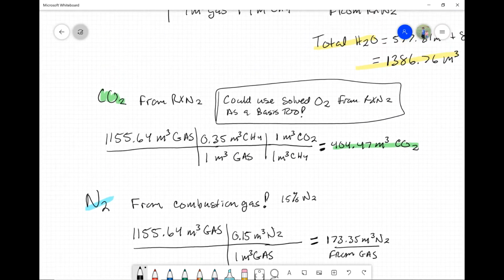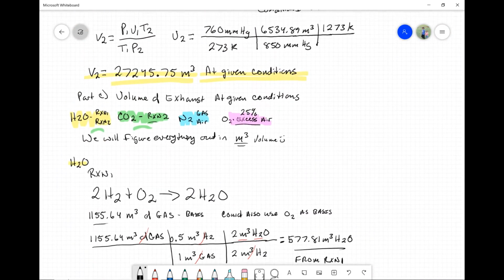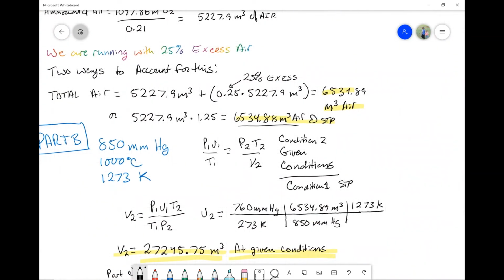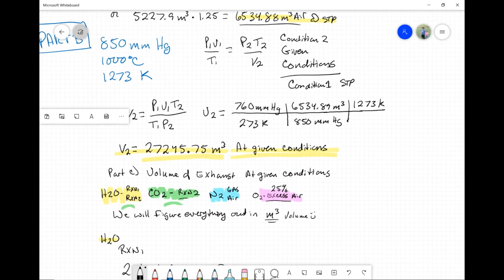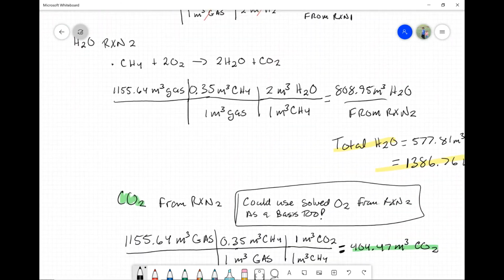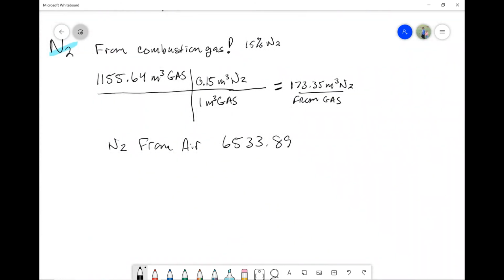Let me go back. My brain hurts. 6534. Oops. I was using the 89. It's not that much difference. Rounding error. 6534.89. So I was almost there.